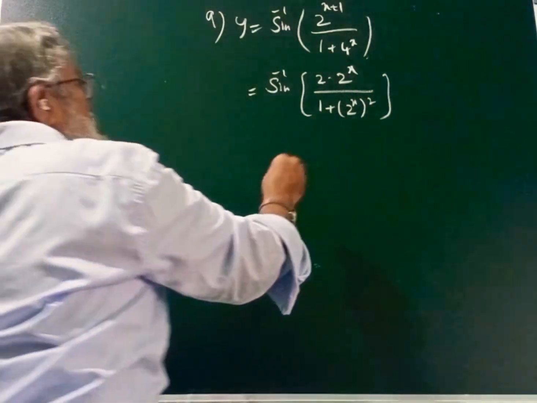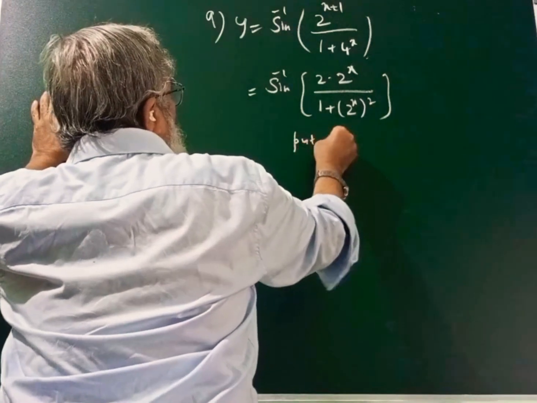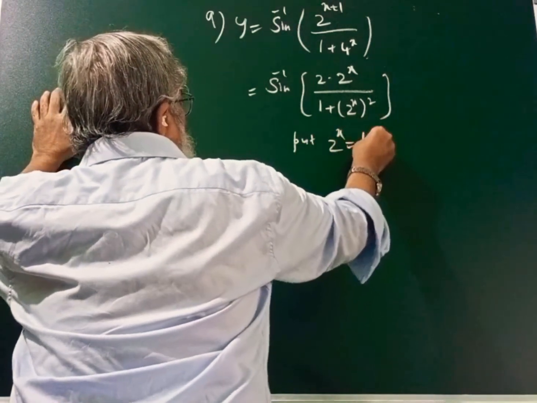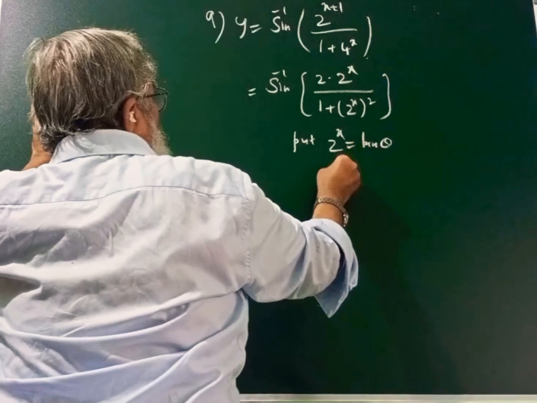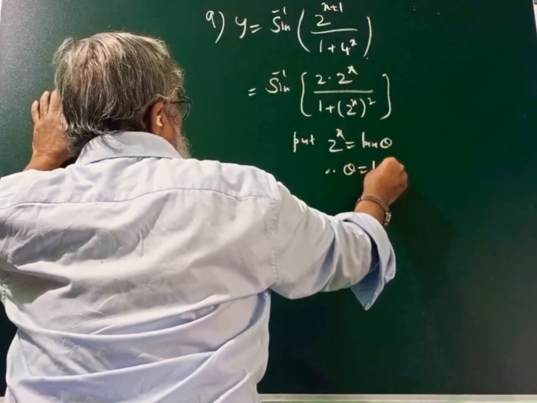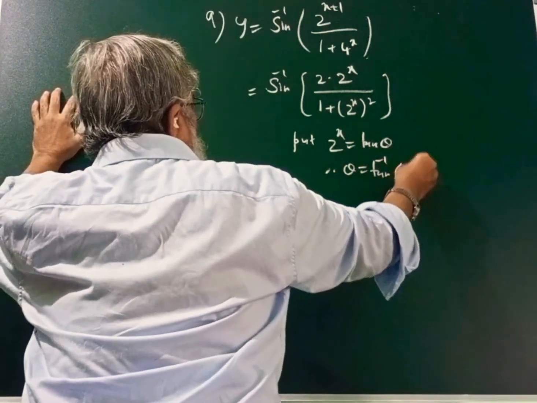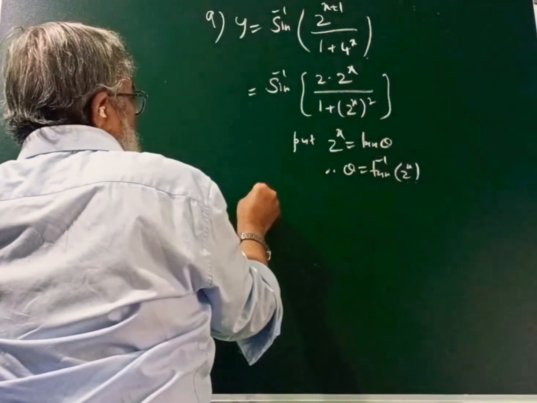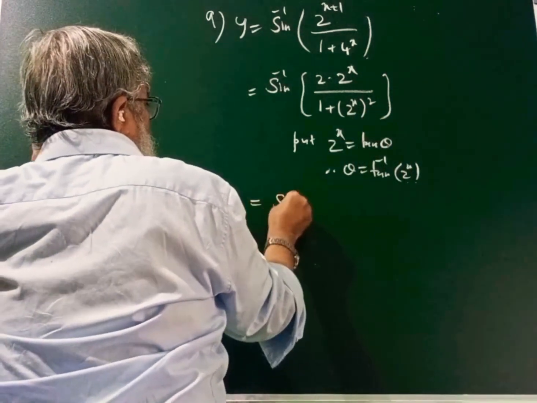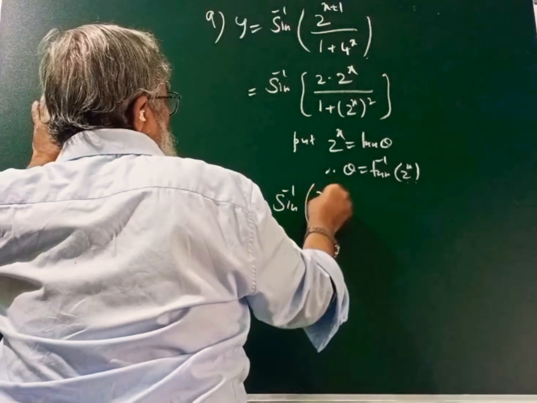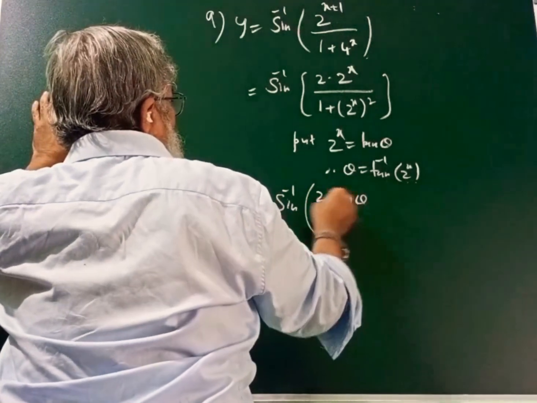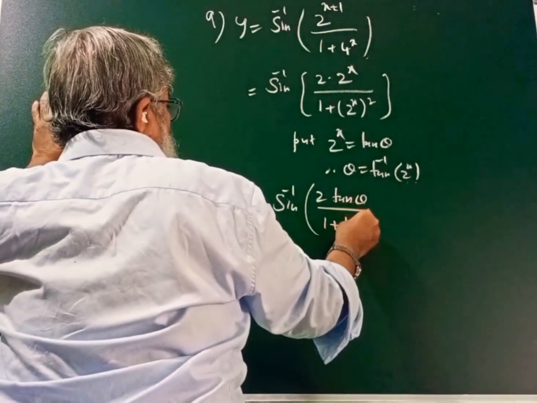So our substitution is put 2 raised to x is equal to tan theta. Therefore, theta is equal to tan inverse of 2 raised to x. Therefore, our problem becomes sine inverse of 2 tan theta by 1 plus tan square theta.